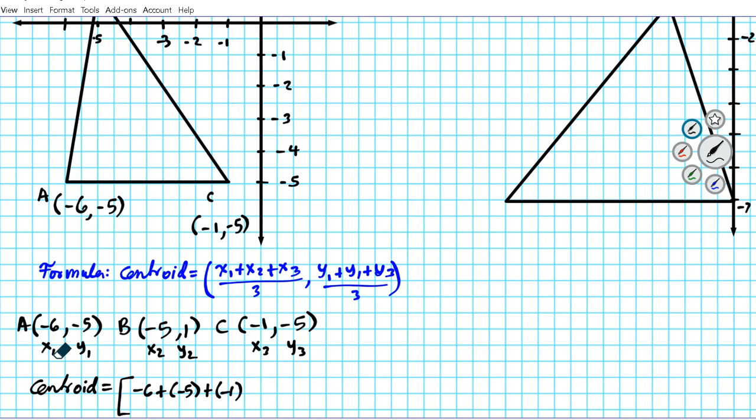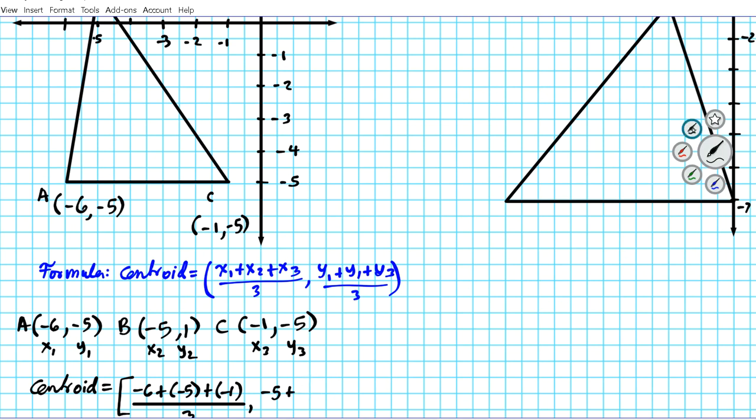That's x1 plus x2 plus x3. I just substituted it here. The sum of the x coordinates divided by 3 will give us the x coordinate of our centroid. And then for the y coordinate of our centroid, y1 plus y2. I don't need a parenthesis for that since it's positive.